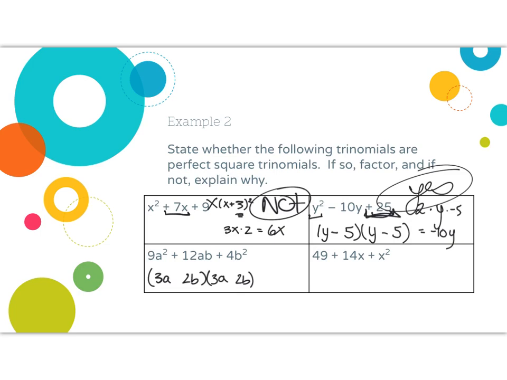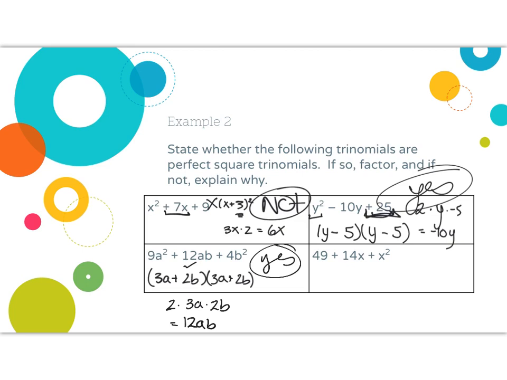Because this is a positive, we will have positives between these two. So does this work out? 2 times our first term, 3a, times our second term, 2b, is equal to 2 times 3 is 6, times 2 again is 12ab. That is our middle term. Therefore, yes, this is a perfect square trinomial.